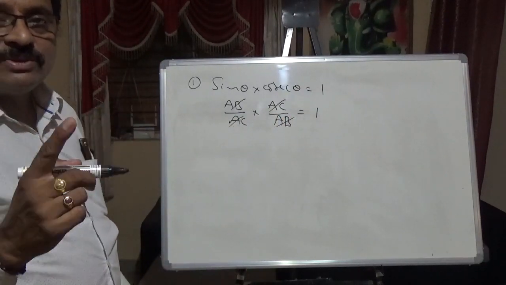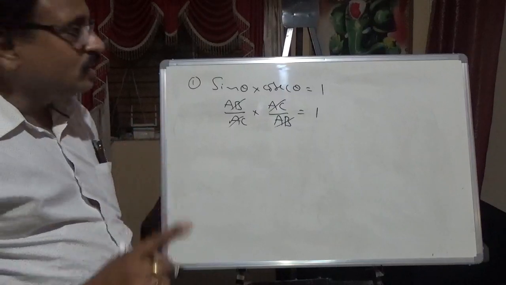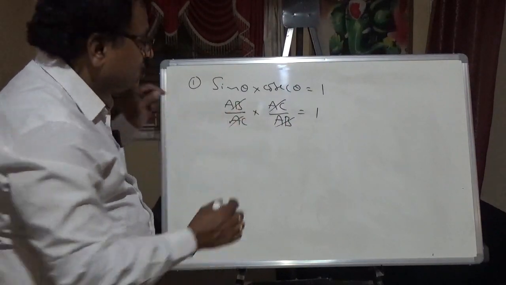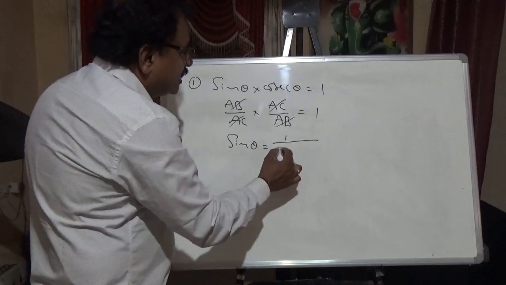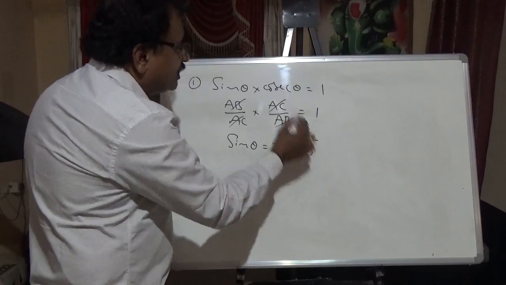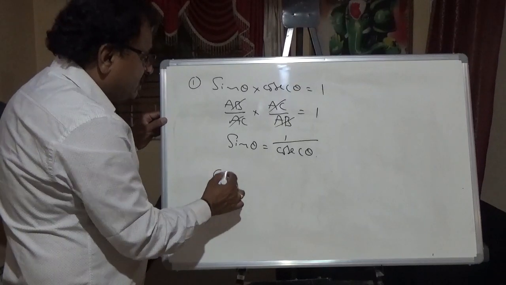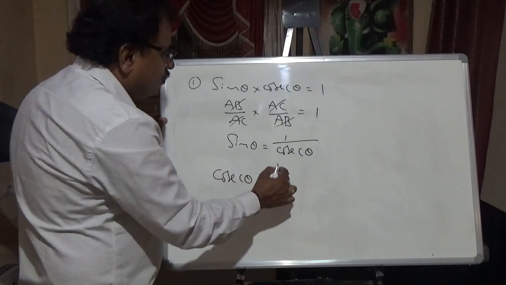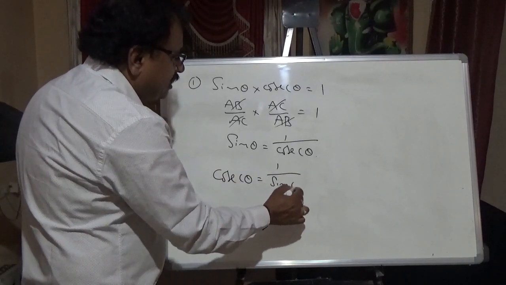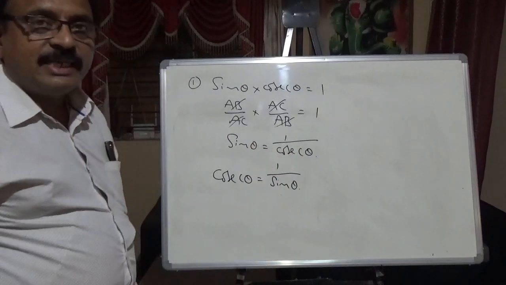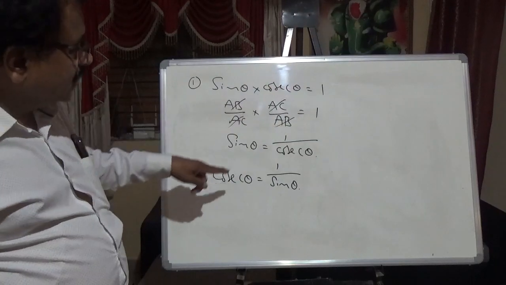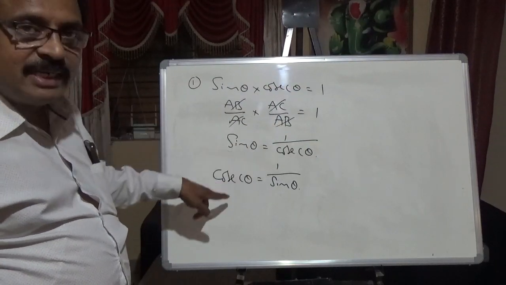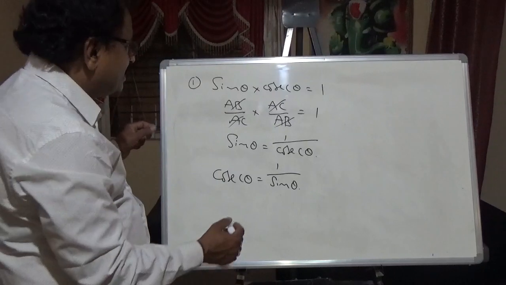So if you multiply sin theta and cosec theta, you will get 1. So sin theta is equal to 1 by cosecant theta, and cosecant theta is equal to 1 by sin theta. Please try to understand. Sin theta and cosec theta are reciprocal to each other.